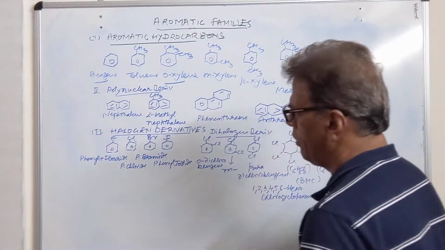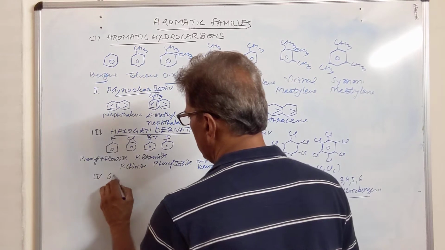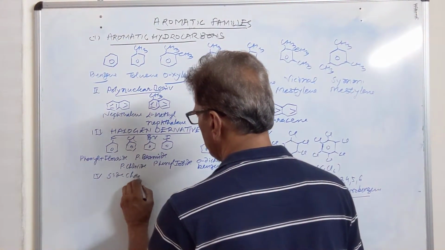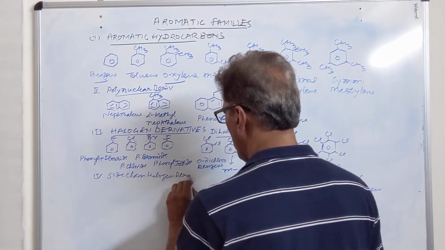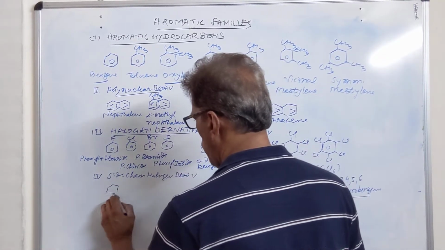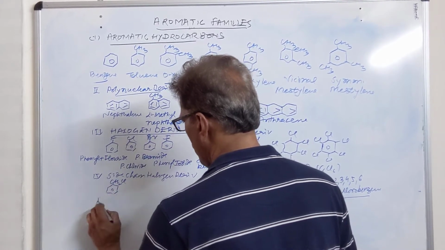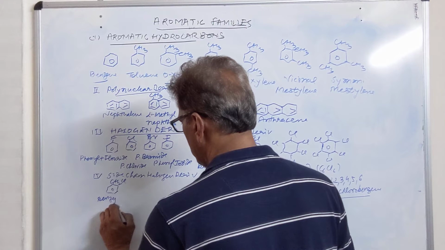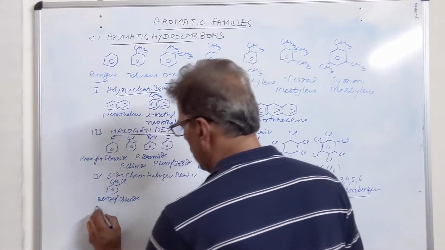These are hexa derivatives. Then in the same family we have side chain halogen derivatives. This is benzyl chloride, or this is called as phenyl chloromethane.